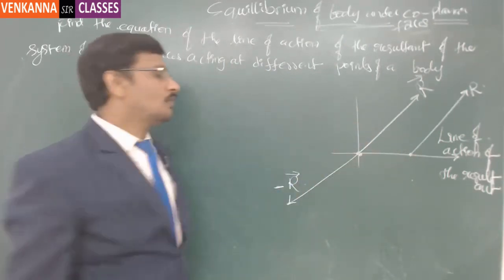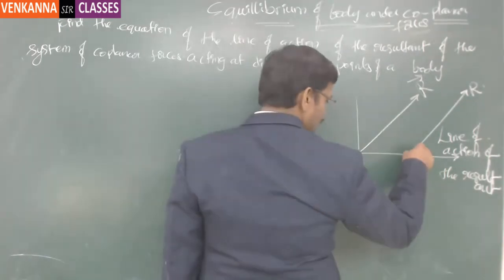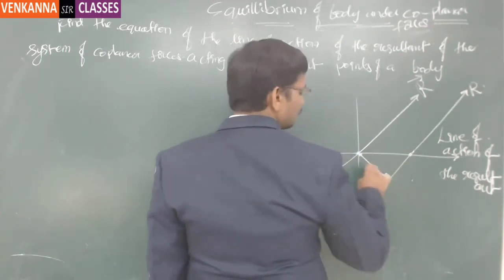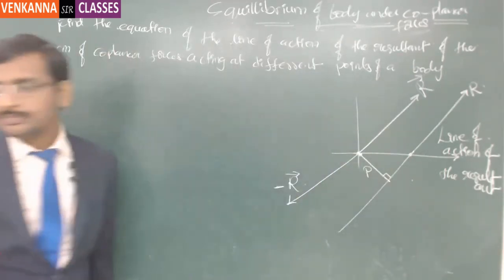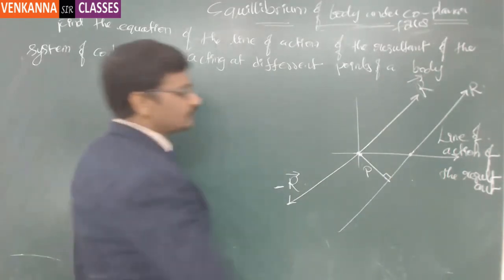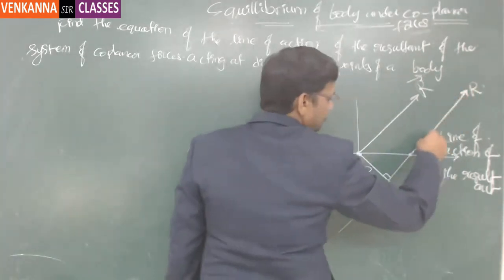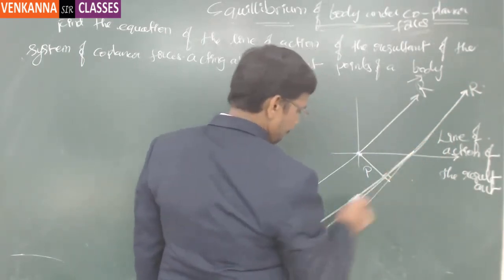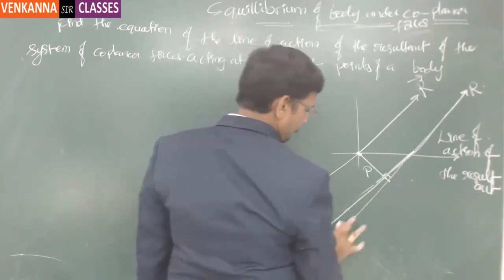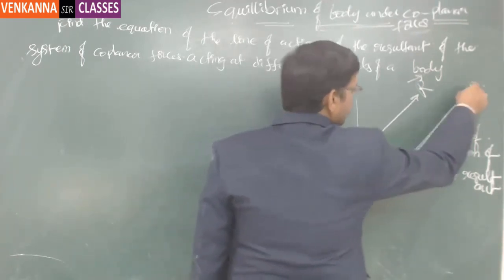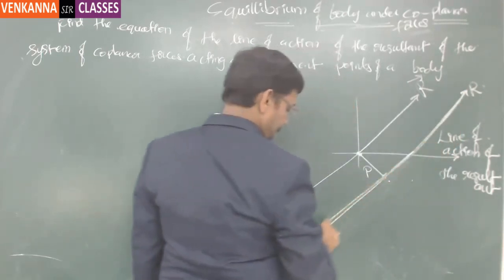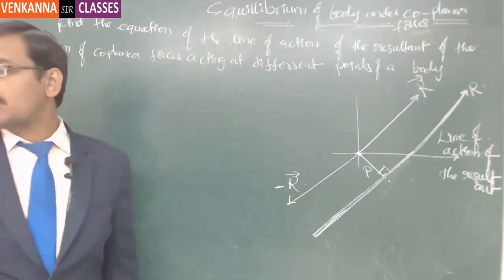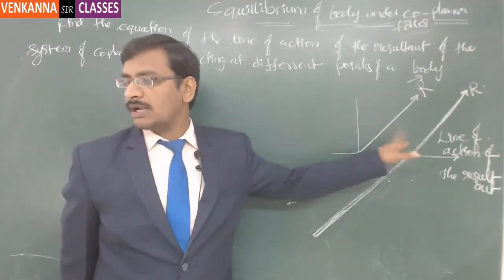Now if you want to take the moments of the force, extend this line and draw a perpendicular to it. Let us say the perpendicular length is P. So this is the perpendicular distance P. Then the moment of your force is the force multiplied by the perpendicular distance.